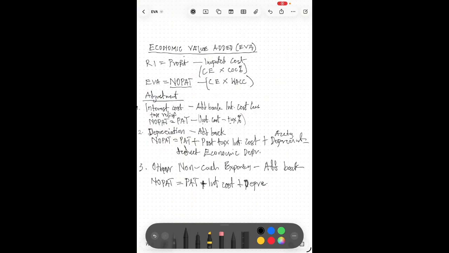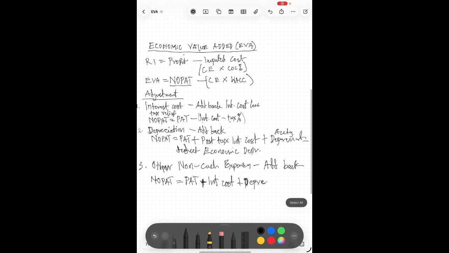So we are saying add back depreciation, and rather deduct economic depreciation, and now add also non-cash items, not cash expenses.